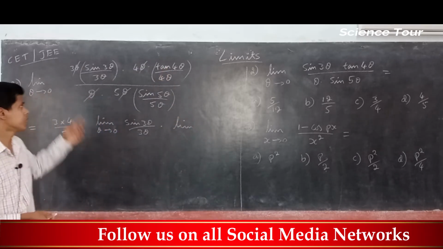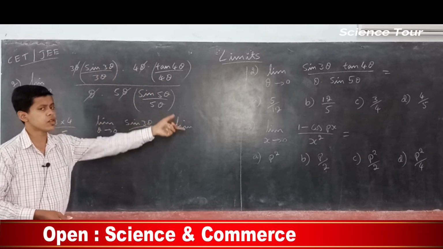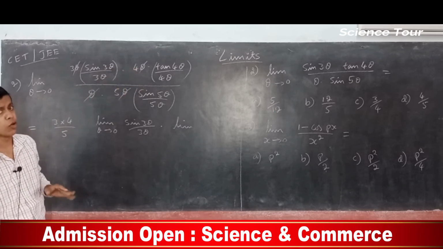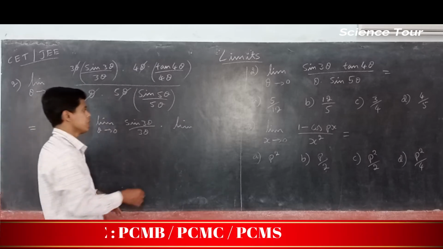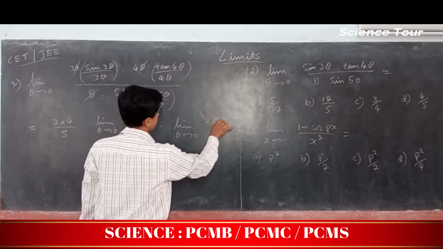What is the limit of f of x into g of x? Limit of f of x into limit of g of x. That means limit can be taken separately if you have a product, and similarly if you have a quotient also you can take the limit separately. That is the rule we are applying here. Please note that.